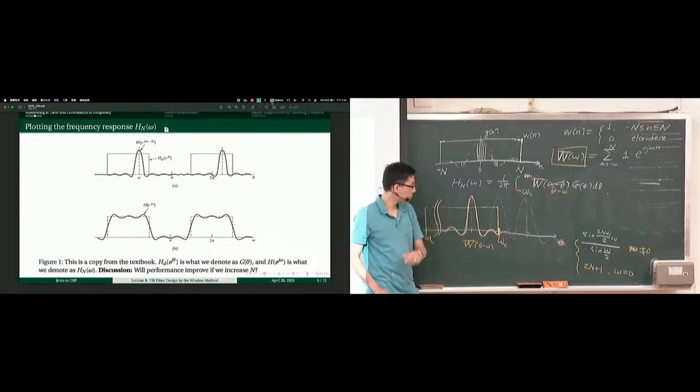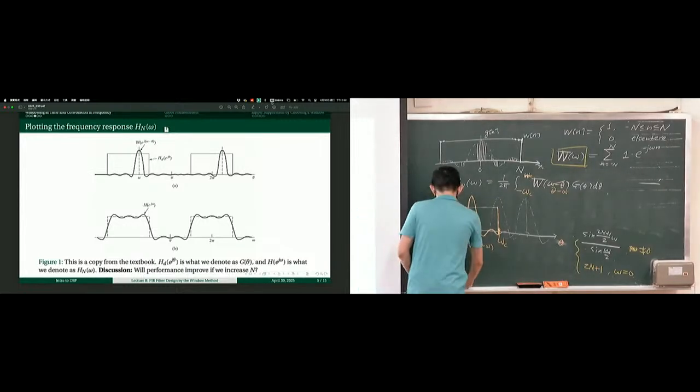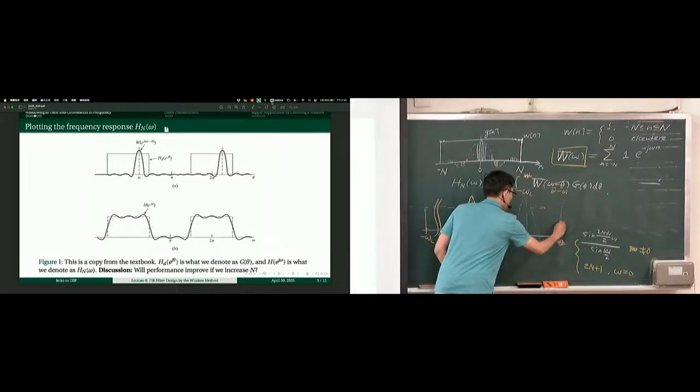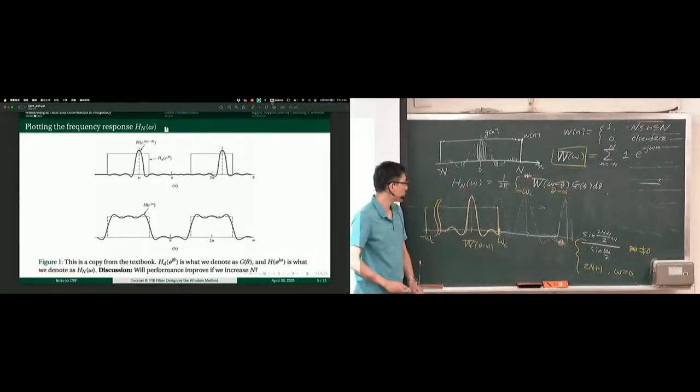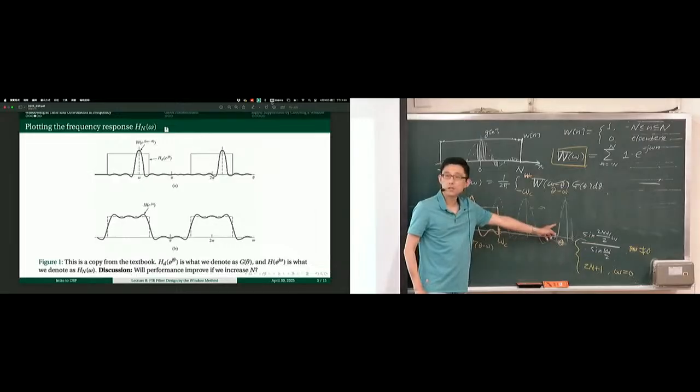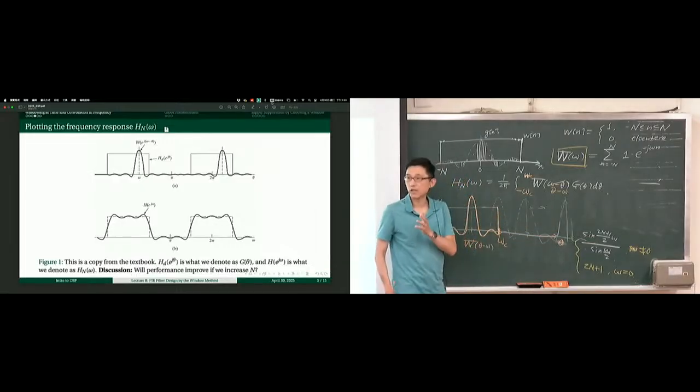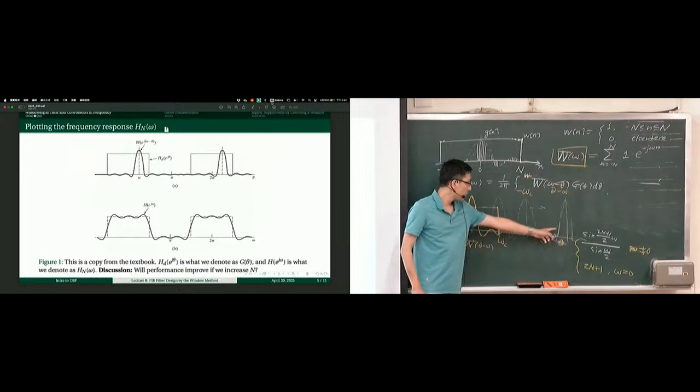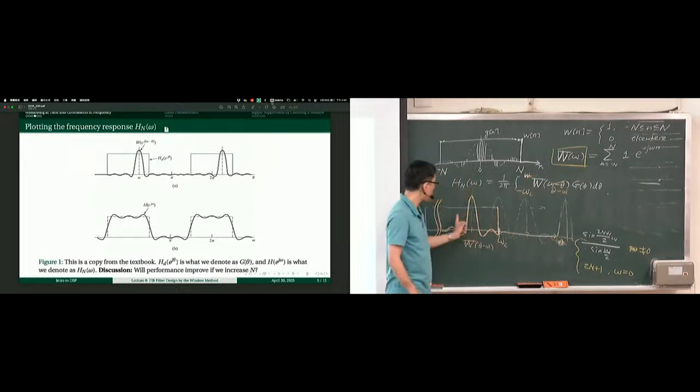So what's going on? First of all, let me change to green. Let's say omega moves to the far right. At a high omega, the sinc-like function, not exactly sinc, no longer overlaps with the passband.